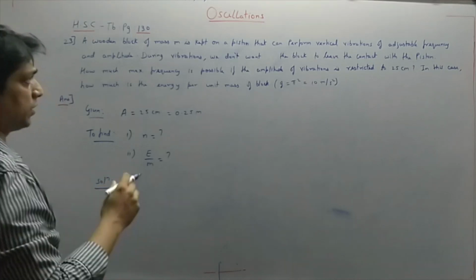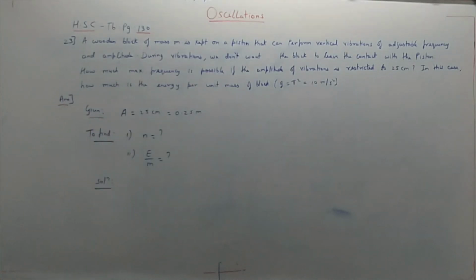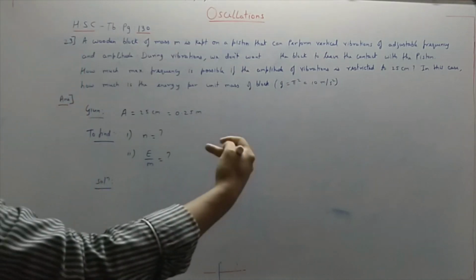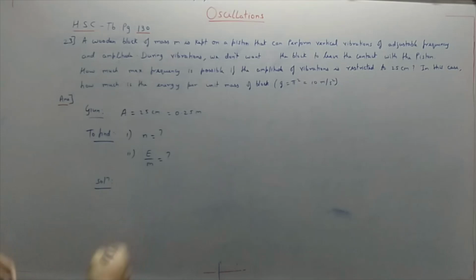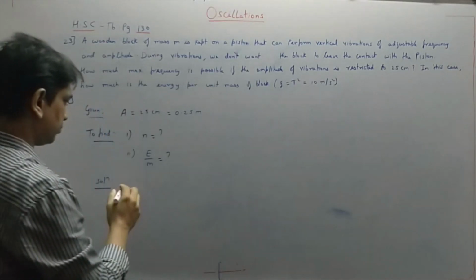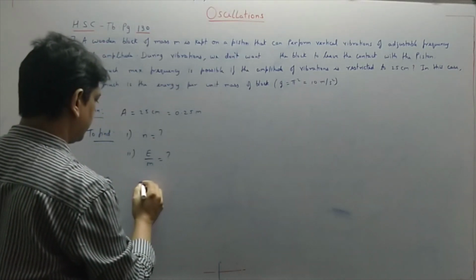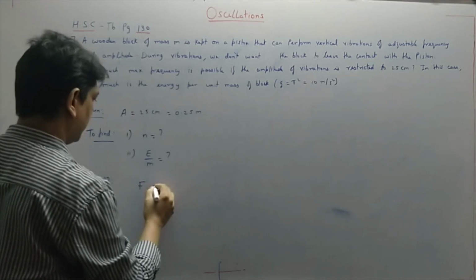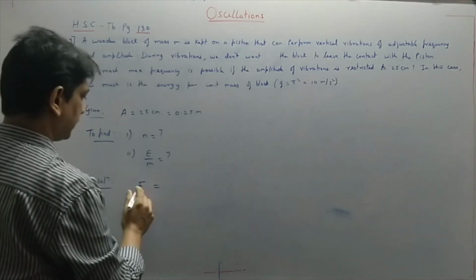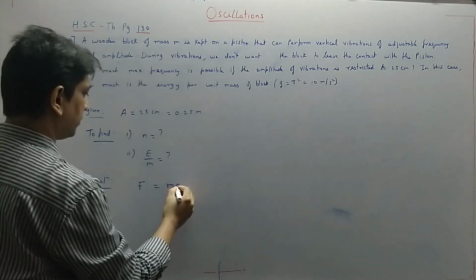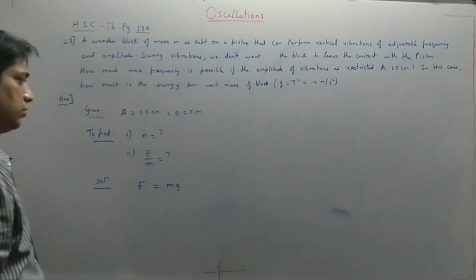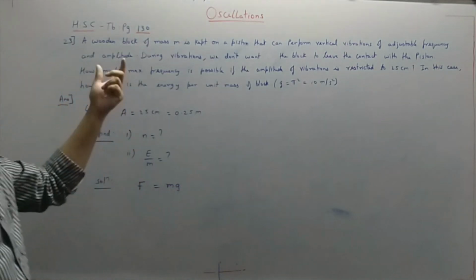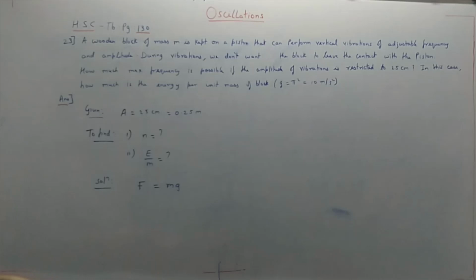When the piston is performing vertical vibration of adjustable frequency and amplitude, a restoring force acts. The restoring force always acts towards the mean position, and it is maximum at the extreme position. The wooden block is kept on the piston and the piston is moving up and down.